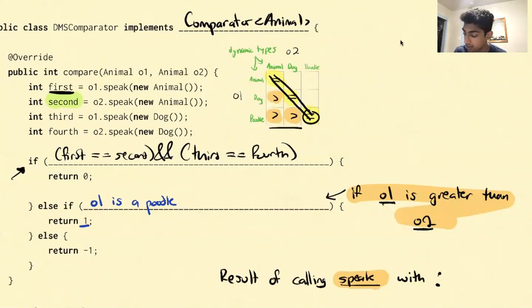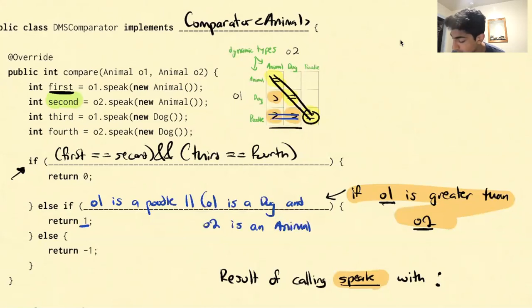The other case accounts for these two cases right here. The last case that we need to account for is if O1 is a dog and O2 is an animal. So if O1 is a poodle, or O1 is a dog and O2 is an animal. Okay, these are the cases that we want to return 1 for.